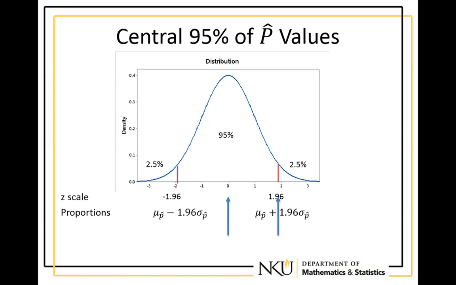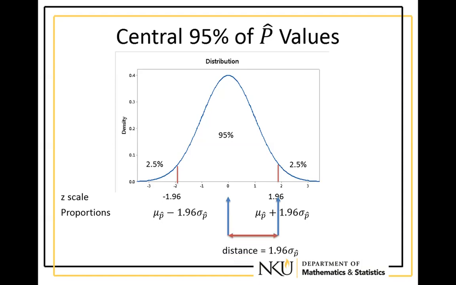Notice the right endpoint would be the same distance, just above instead of below, and then we know what about the distance from the mean, which on the z-scale is 0, or mu sub p hat, or p, in terms of the proportion scale, out to, and we'll just choose the right endpoint.